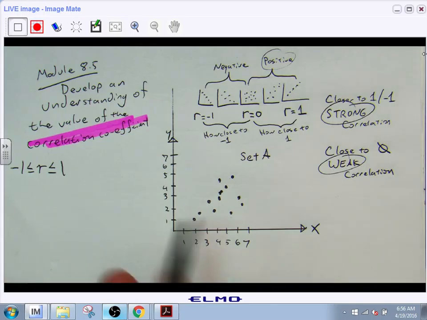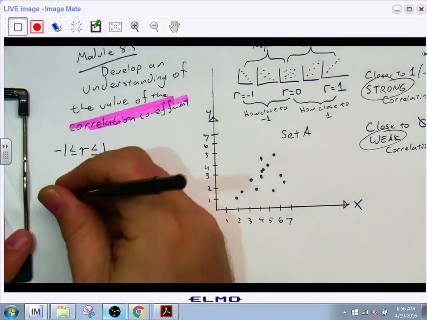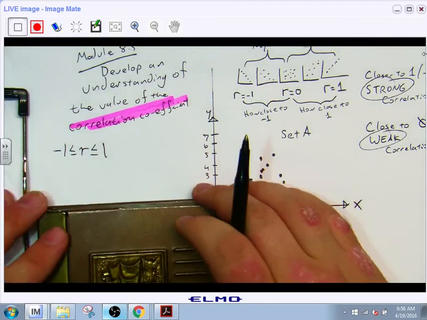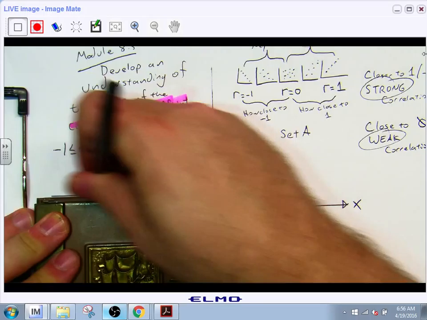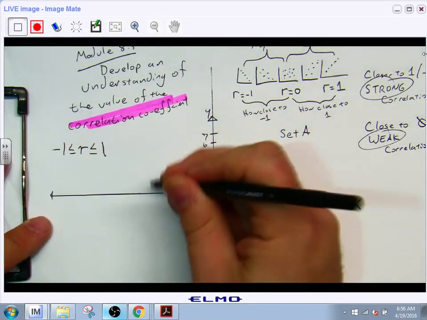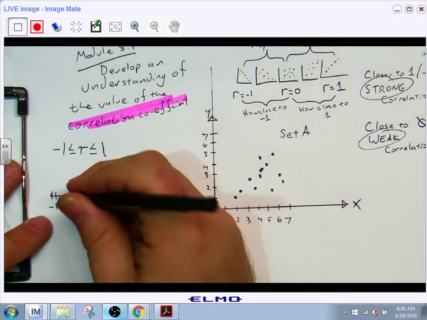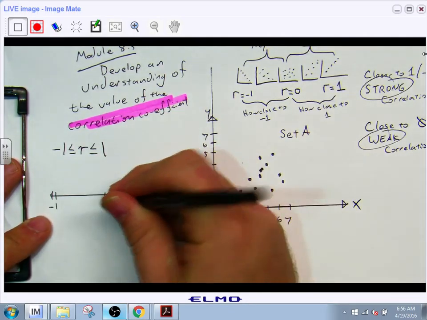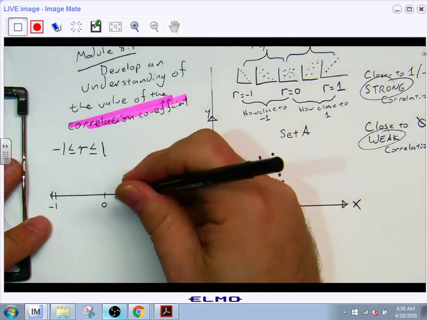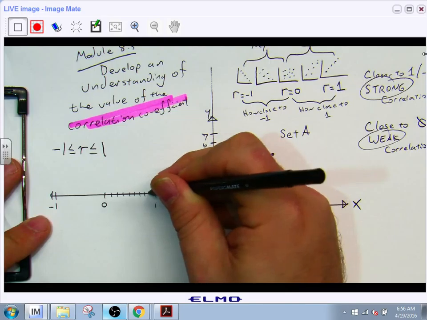In fact, if we view it as a number line, you'll see exactly what I mean. So I'm going to draw a little number line in here. This is our number line of our correlation coefficients. Here's -1, here's 0, here's +1. Let's go 1, 2, 3, 4, 5, 6, 7, 8, 9.